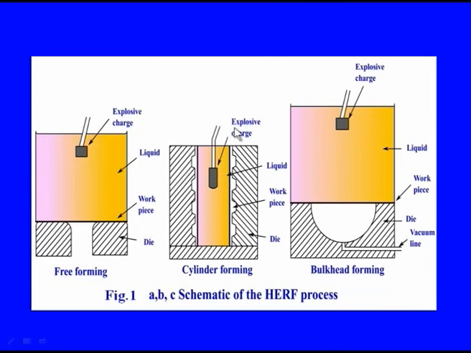The explosive charge can be exploded in the middle, and because of the energy being transferred by this explosion, there will be a sudden expansion of the gases or the medium in contact with it, and the energy through that medium will be transferred to this sheet of material to be worked upon, and it will get plastically deformed to take the shape of this die.